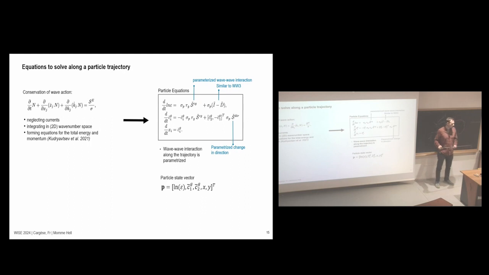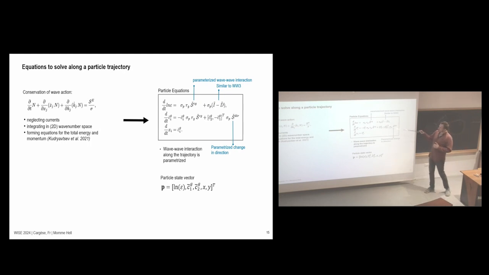Okay, a few numeric slides, actually only two. You start with the wave action equation. You do some math, you integrate in wave number space, you neglect currents, and we basically follow the formulation from Goodrich 21, but in Cartesian coordinates, and then we end up with the small ODE system that describes the log energy, the group velocity vector, and the direction, right?